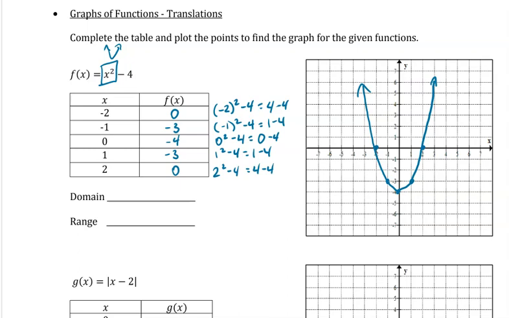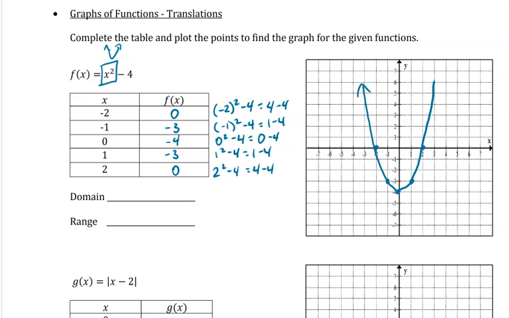Well, in this case, it usually starts up here at 0, 0. That's where the turnaround point is. So it's something like that normally. Well, it just got moved down. Specifically, it got moved down 4 places.